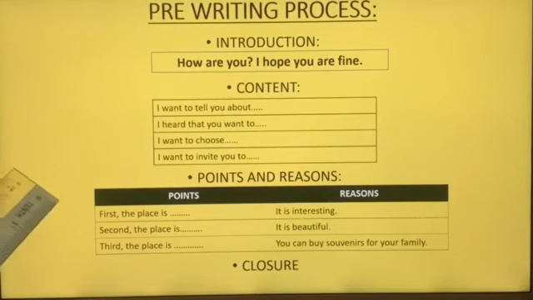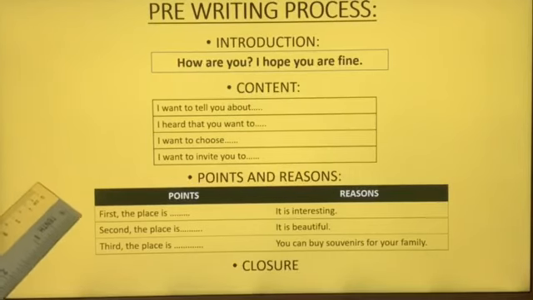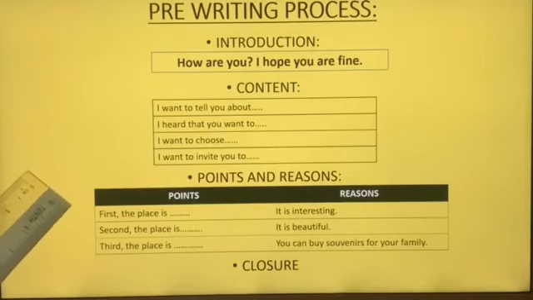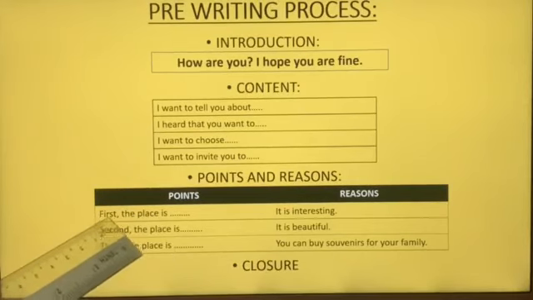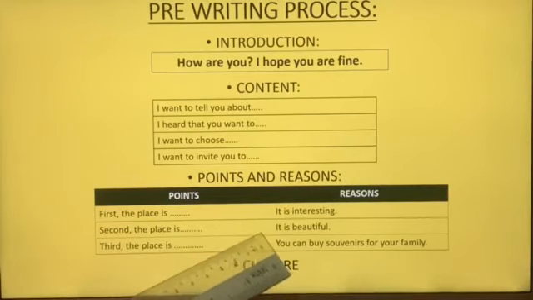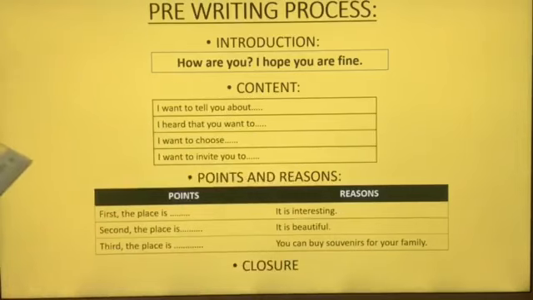So what? Maybe it is a beautiful place, it is an interesting place, or maybe you can buy souvenirs for your families. And if the question needs you to write about activity, you just change the word place into activity. First, the activity is what? It is an interesting activity, it is fun, it is exciting.